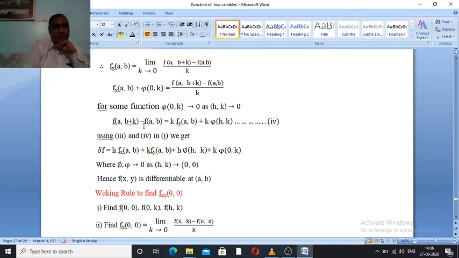f(a, b + k) − f(a, b) is equal to k f_y(a, b) + k ψ(h,k). Here multiplying both sides by k, therefore we get k f_y(a, b) + k ψ(0,k).